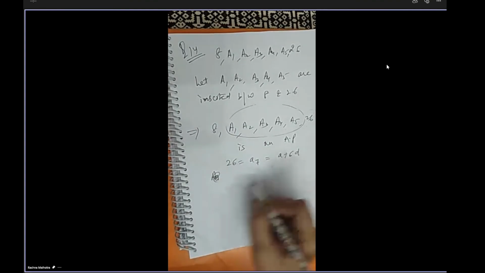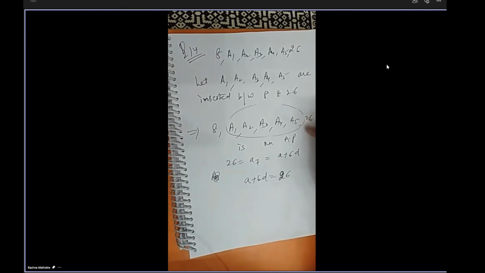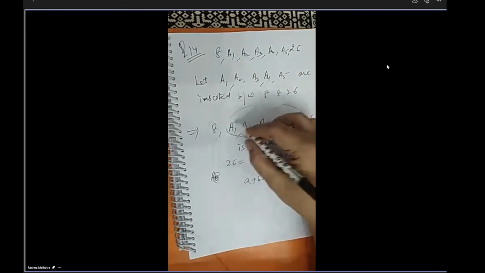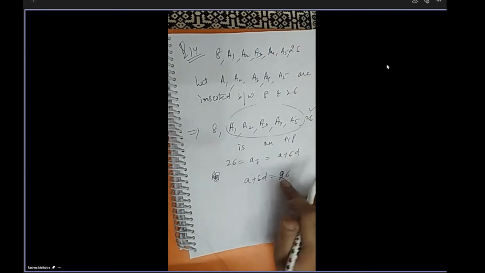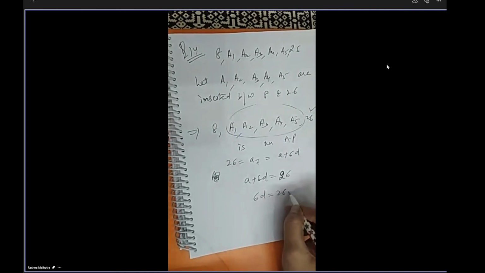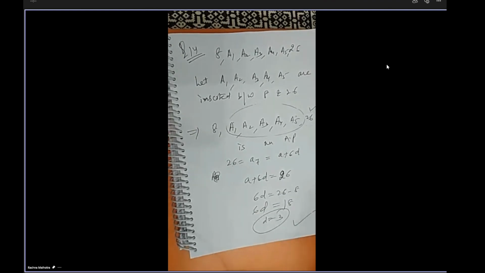So you can find d easily here. What is a? 8. You can see 1, 2, 3, 4, 5, 6, 7. Seventh term is 26. So 26 minus 8, that is 18. What is d now? 3.